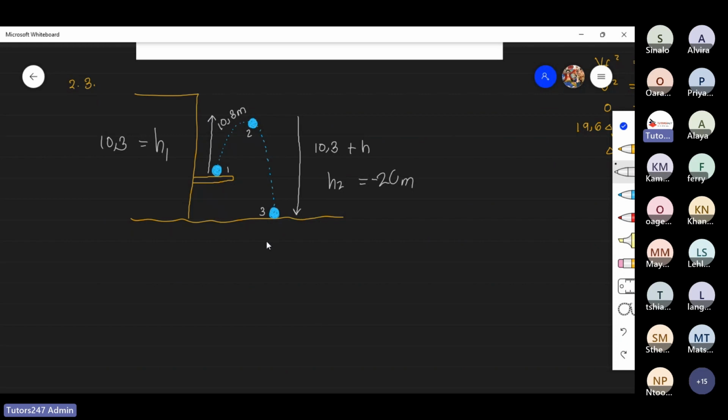So we take h1 plus h2, and that'll give us h net, or h resultant. We're going to take 10,3 plus negative 20, and it will give us negative 9,7. What that means is that the balcony is 9,7 meters above the ground. That's not the actual value to the question. This is just an example, okay?